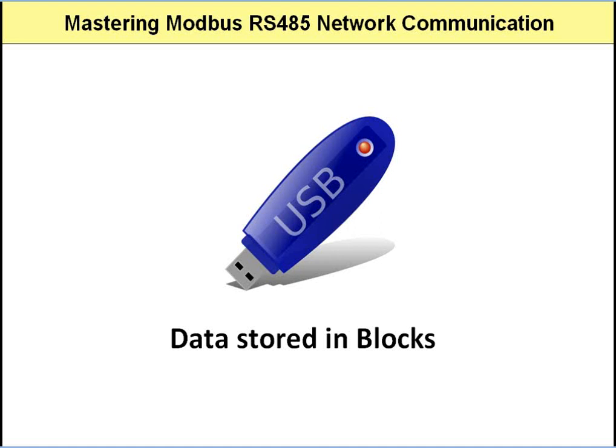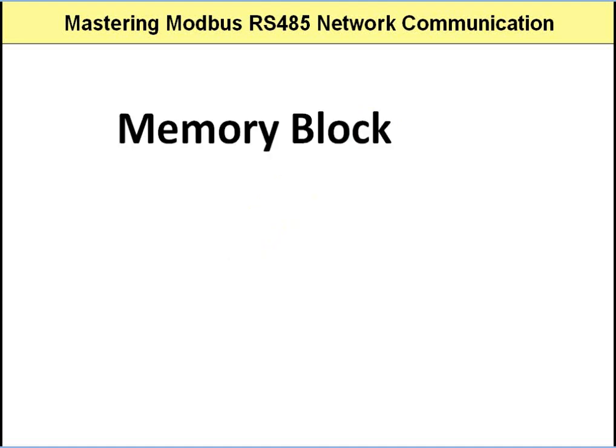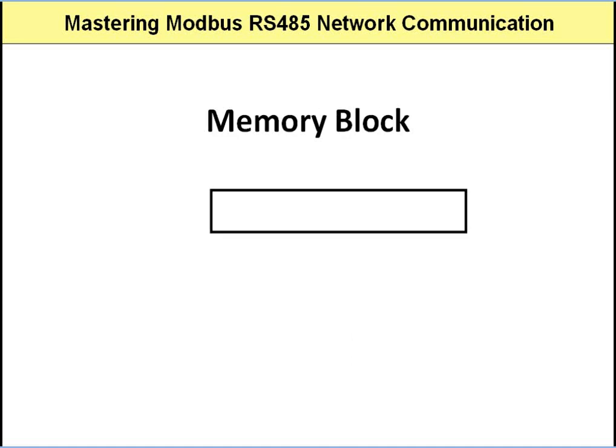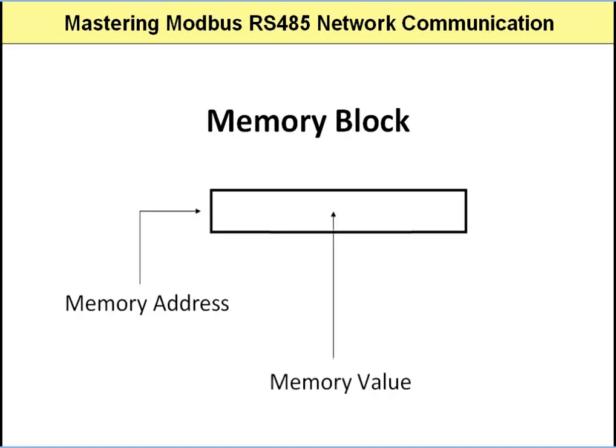Now here's where I want to make a very important distinction, between two terms that have to do with a memory block. These terms are memory address and memory value. Let me explain. Every memory block has a memory address and a memory value.